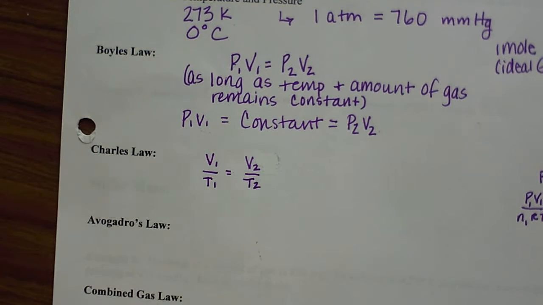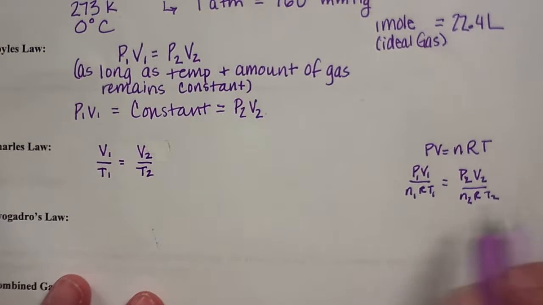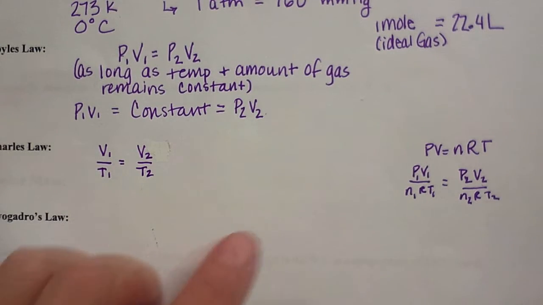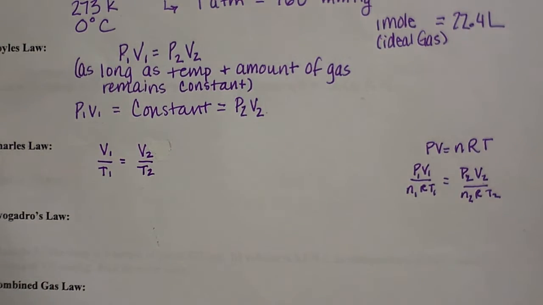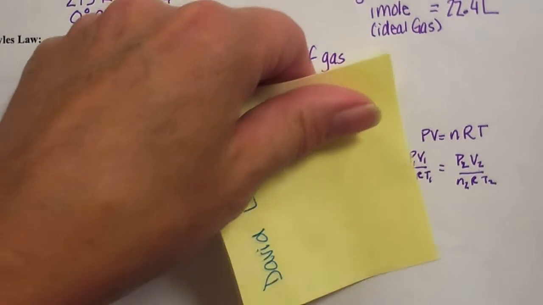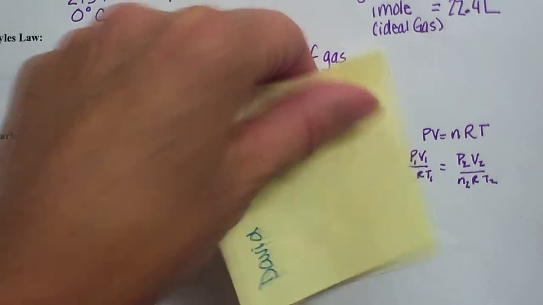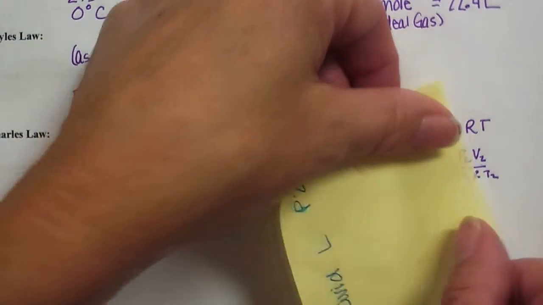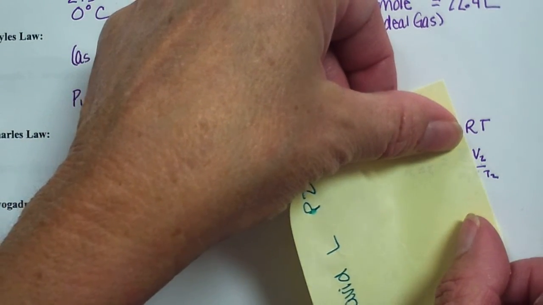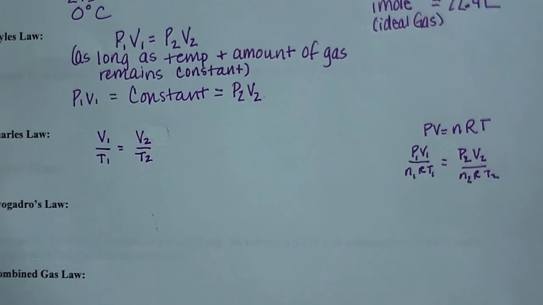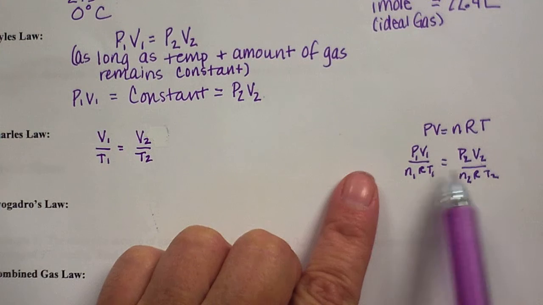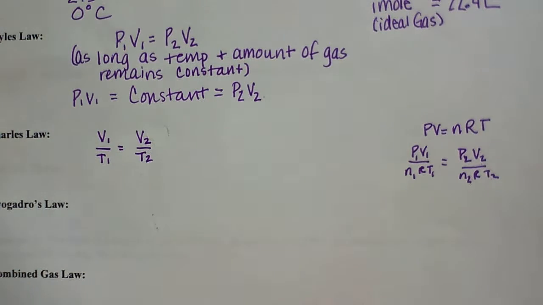So now, if we go back over to our ideal gas law, we see, oh, look, if I cover this up here, I see V1 over T1. And then I see over here V2 over T2. Right? So these all relate back to the ideal gas law. So V1 over T1, V2 over T2.